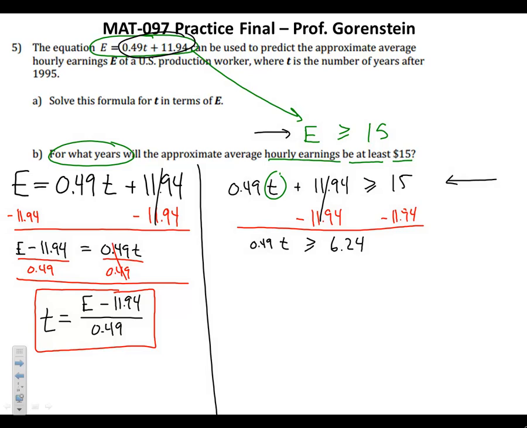Sorry, I'm one step ahead. We want T by itself, so we can divide both sides by 0.49.